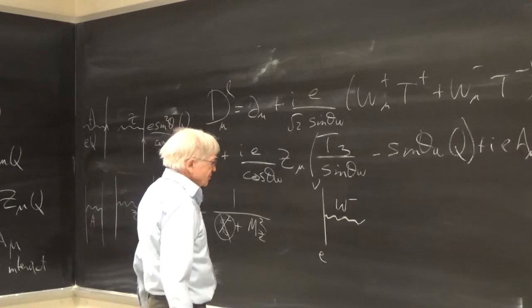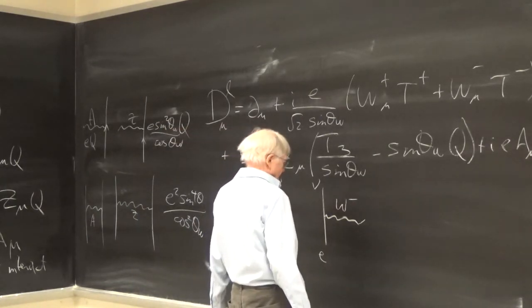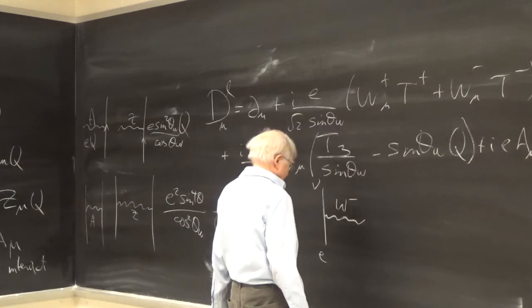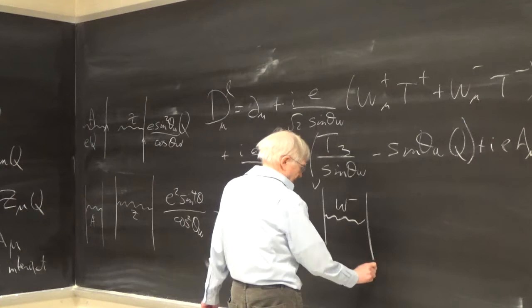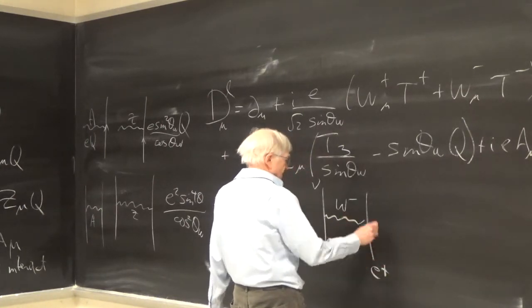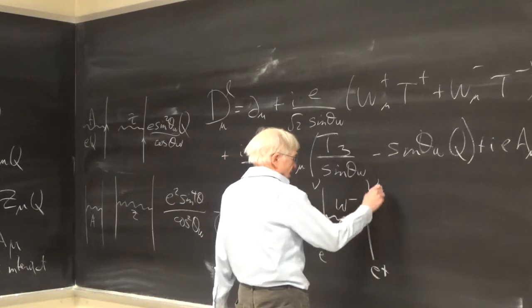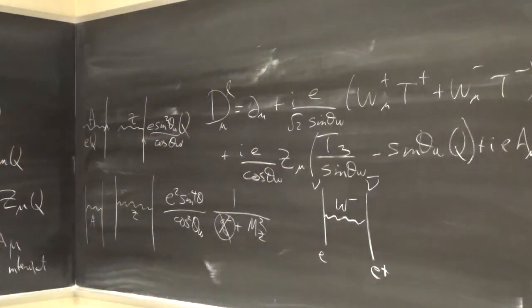So then that W minus, what could it do? Let's make this a positron. Then the W minus is absorbed, and we have another neutrino, in fact an anti-neutrino, go out. So that's one process.